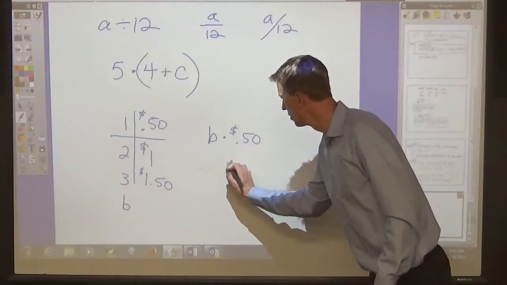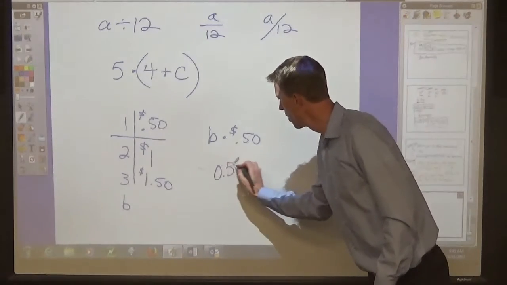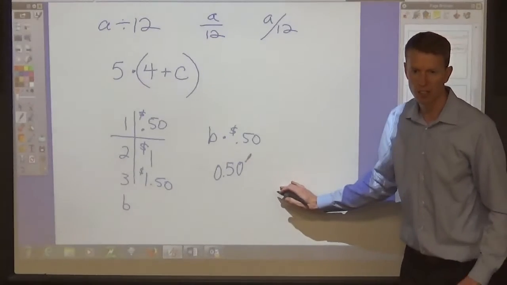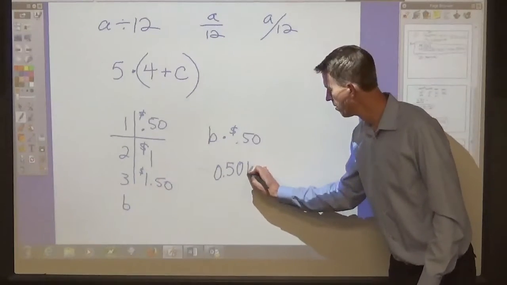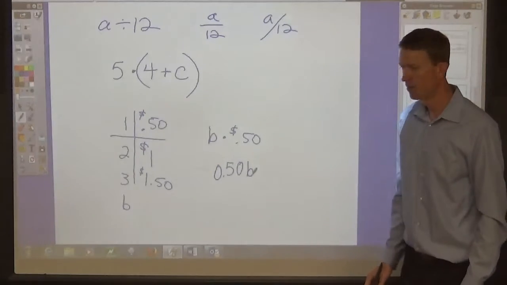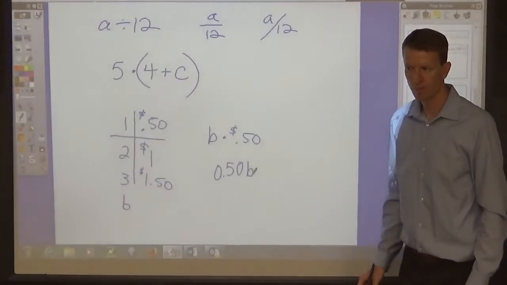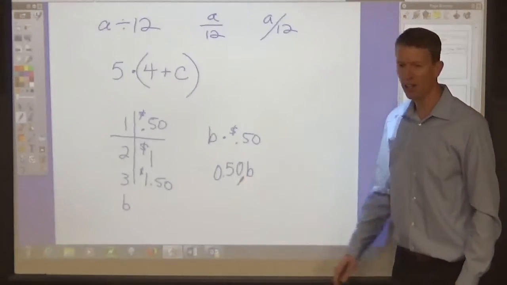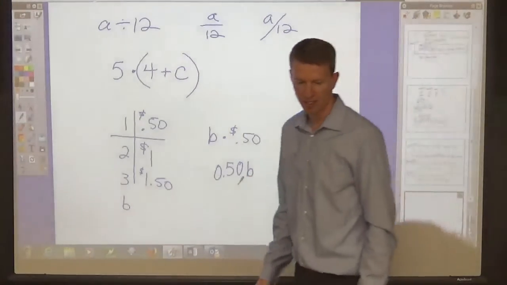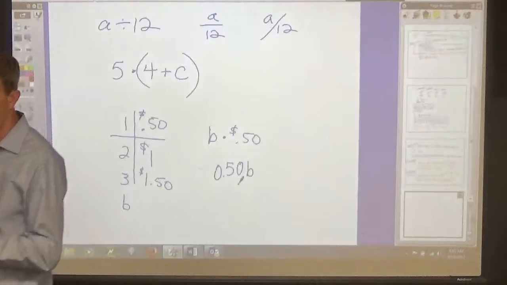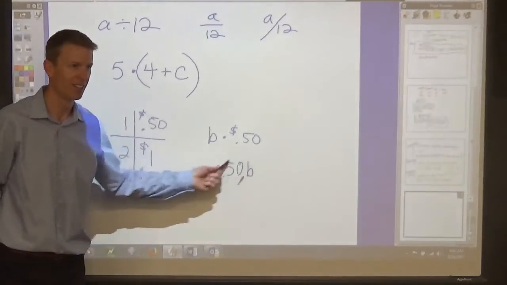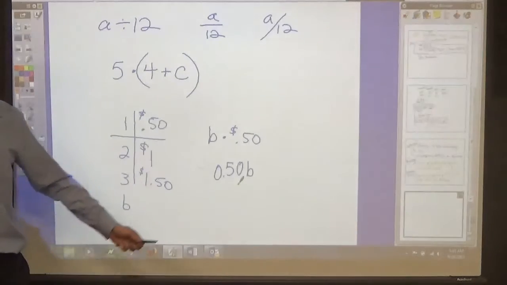Right. So 0.50 and then just the letter B. Okay? Now, both of these are correct. This way, I know that you're all interested in writing less, making your answers as short as possible. Yeah. So this is how you should write it. Okay? This is the shortcut method.